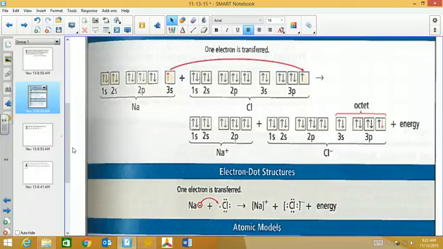I didn't make this up. The way that they spin, that's the way they call them, up and down. And you have 1 orbital in the 1s, 1 in the 2s, 3 orbitals in the 2p, because 2p holds how many electrons? 6, right? So therefore, if you pair them up, you get 3 orbitals. Make sense?